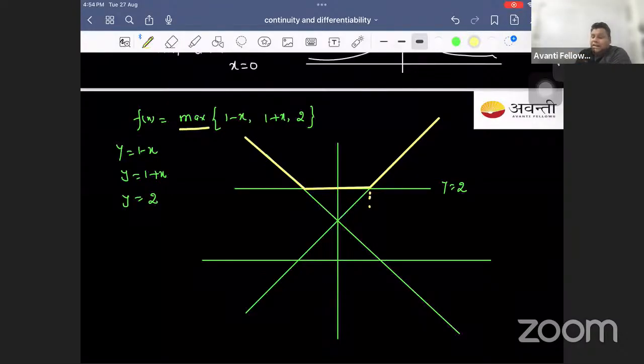All right. So if this is the graph, you can clearly see that this point and this point are two sharp corners in this graph.